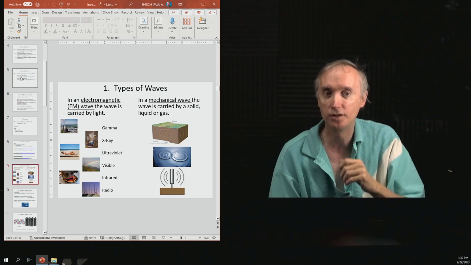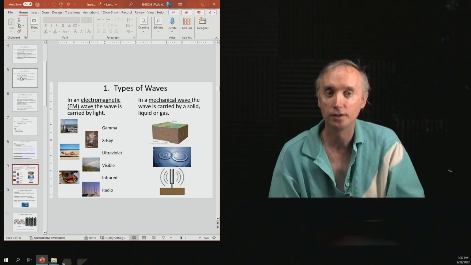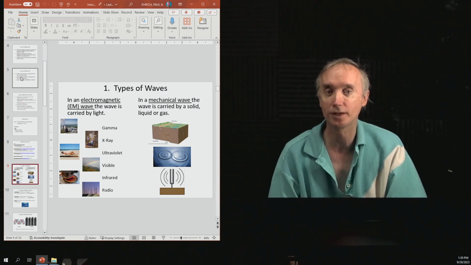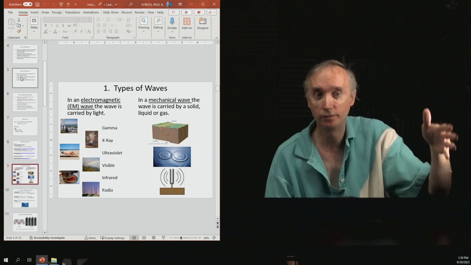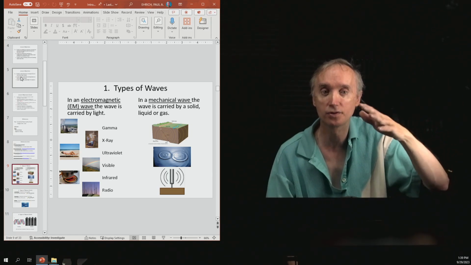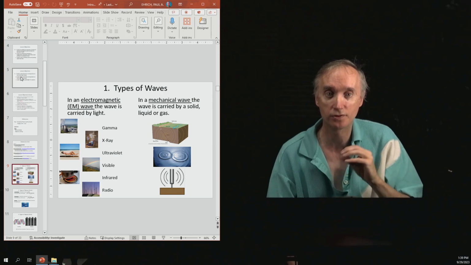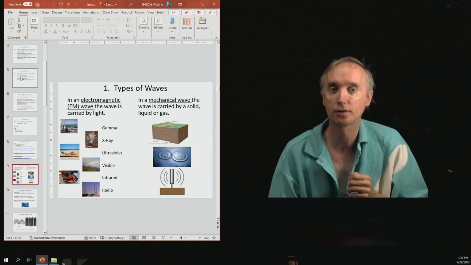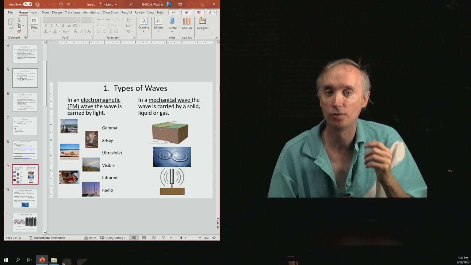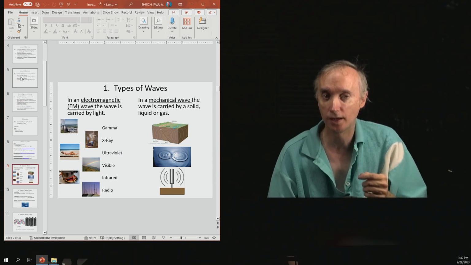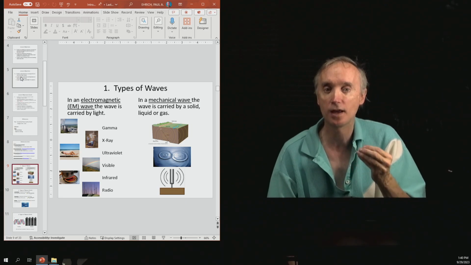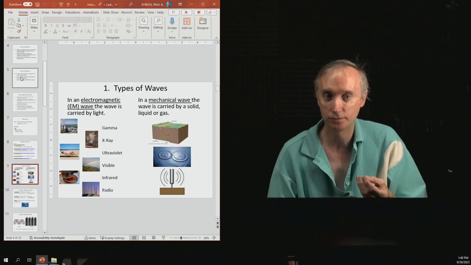And then be able to give me 2 or 3 different examples of mechanical waves. So that would be like earthquake waves, water waves, and then also sound waves. So these are all types of mechanical waves. Know the definitions of them, and you should also know that mechanical waves have to have something to carry it.